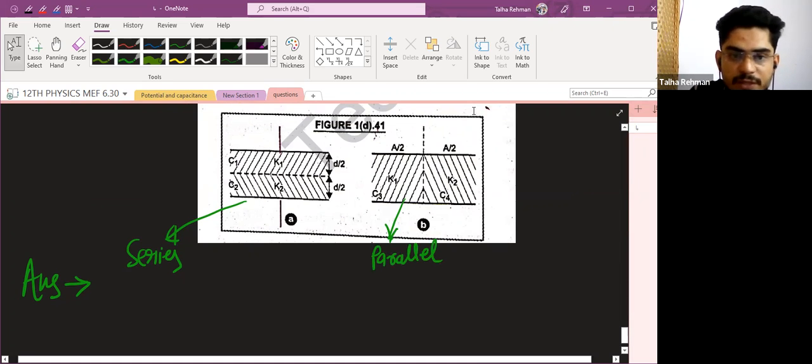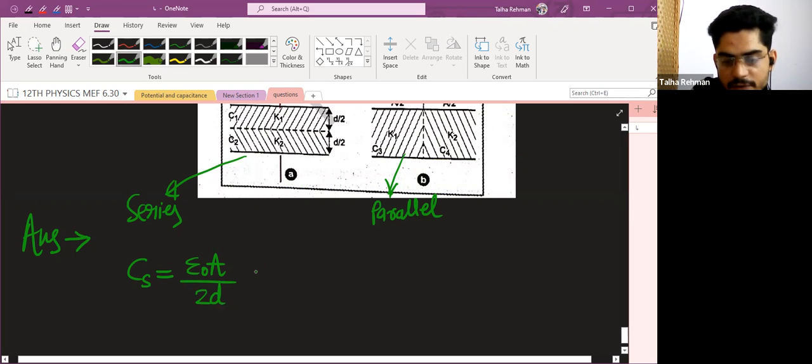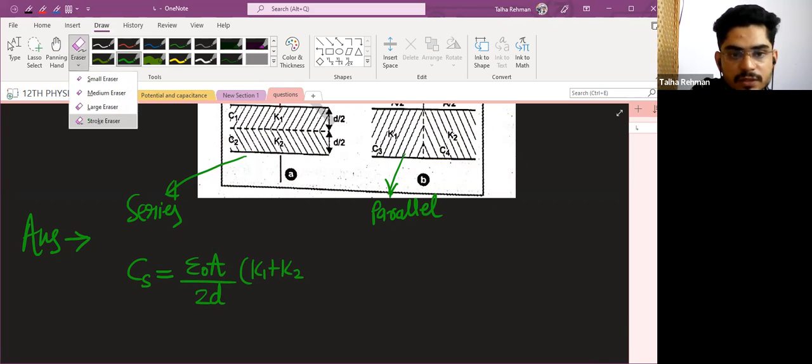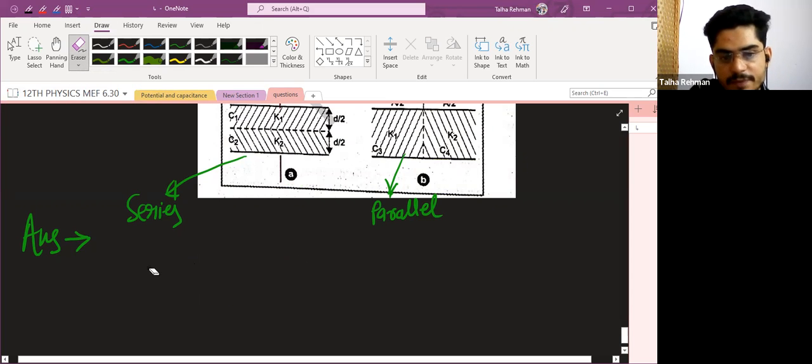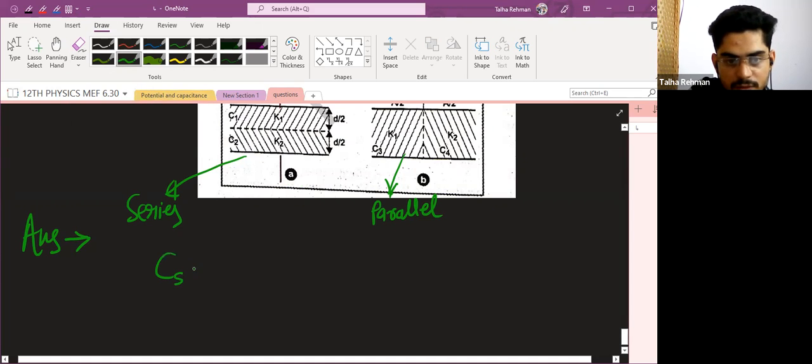And for series combination, we have equivalent capacitance. For the series combination, we have epsilon naught A, area is not changing here, divided by 2D K1 plus K2. No, sorry, this is not for series, this is for parallel. For series, we have this formula. Equivalent for series, this is in series, no?